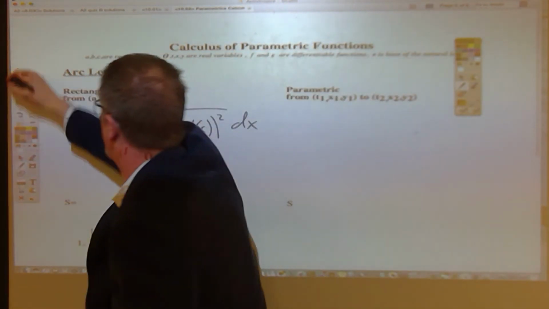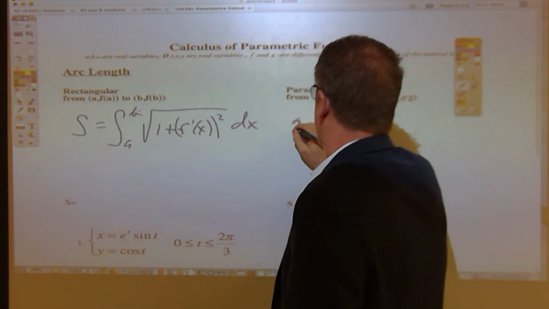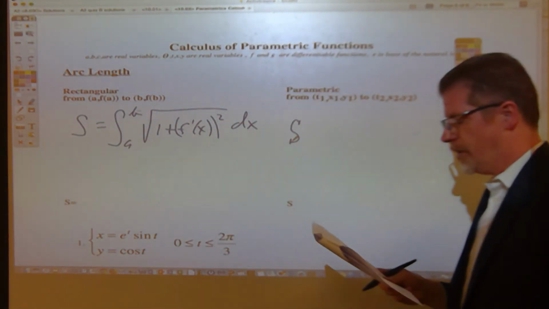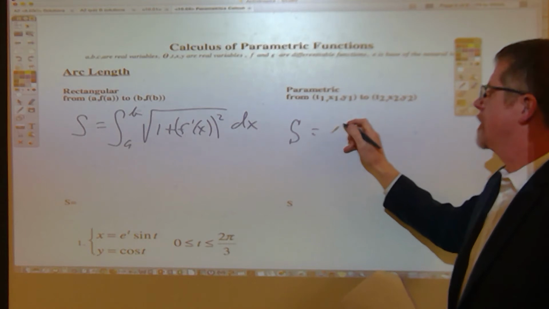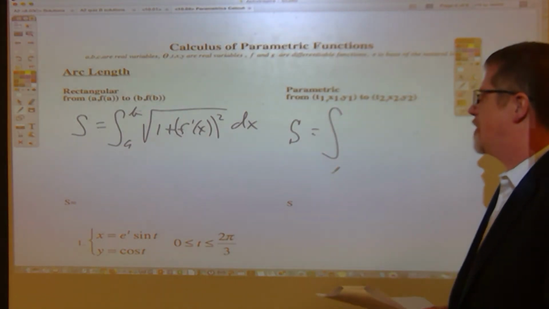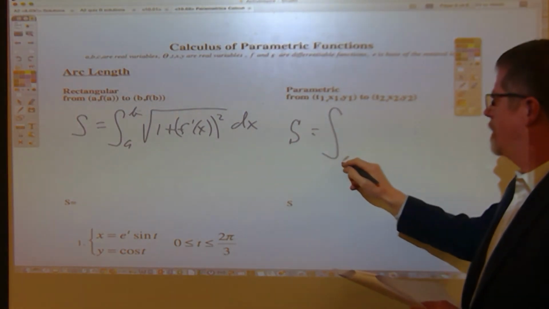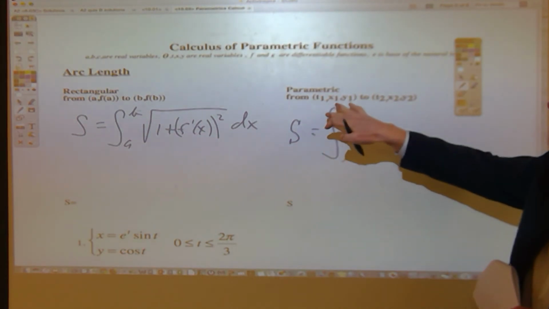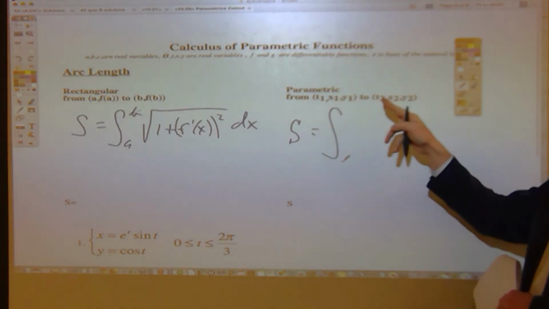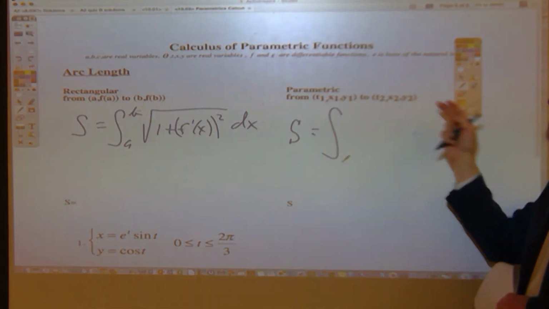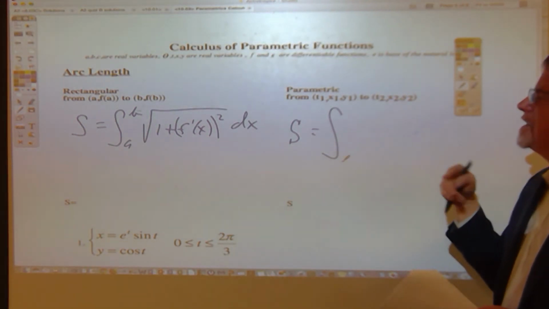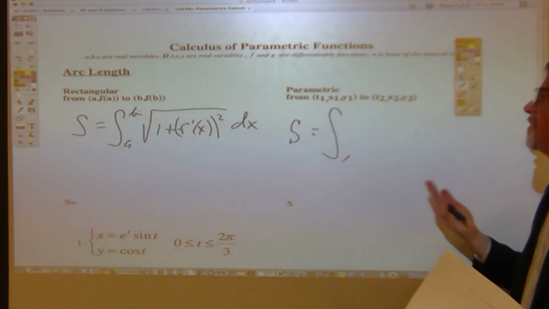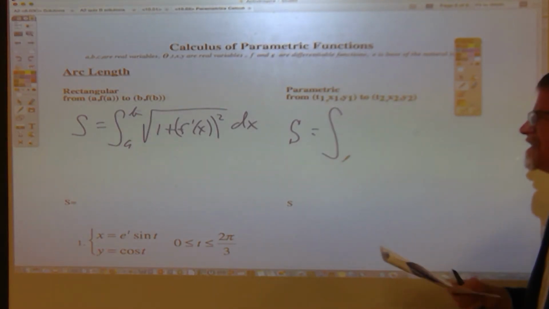Now, parametric arc length S, the length of the curve, sometimes we use S for arc length, is also based on the Pythagorean theorem. At time 1, we're located here at x1, y1. At time 2, we're located on the curve at x2, y2. You can use this for calculating total distance traveled.